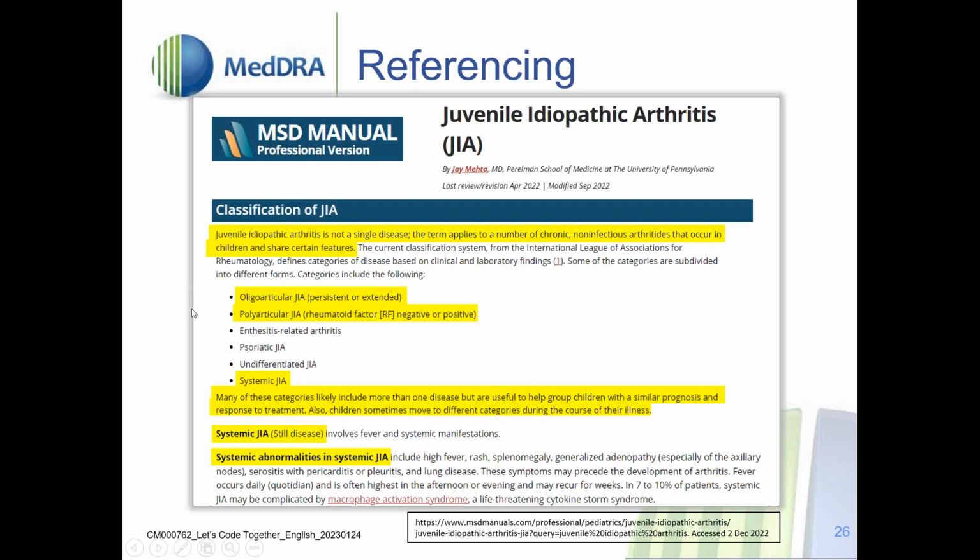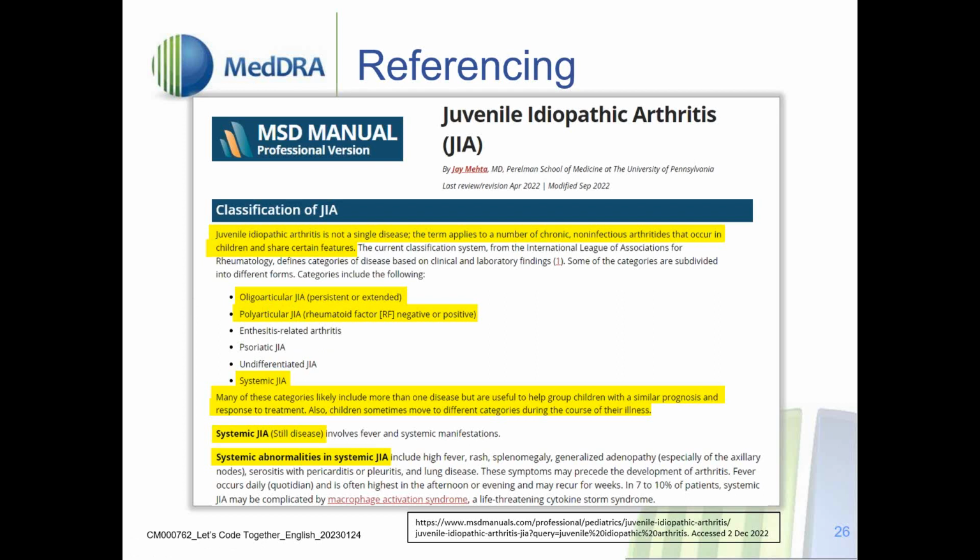And one would have to decide what is really oligo, what is poly, what does this refer to? You also see this in arthritis, for instance, polyarthritis, oligoarthritis, arthritis are three separate PTs in MedDRA.